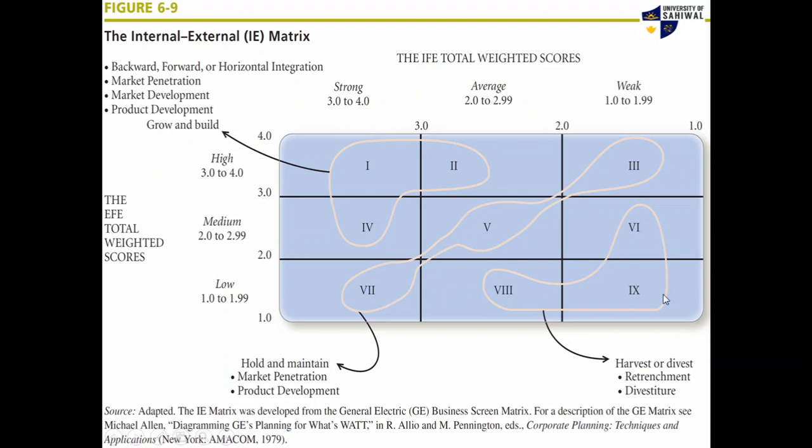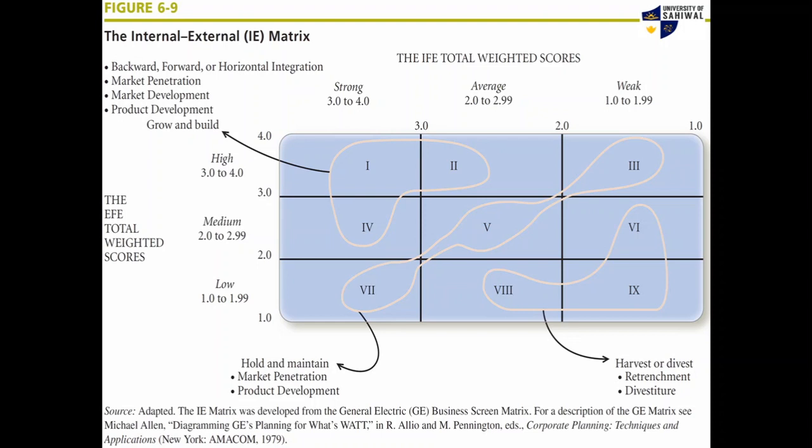If our SBUs fall in these cells, 6, 8 and 9, you can see these things. If they fall in these, the strategies available for these SBUs will be harvest or divest. Harvest means you need to get rid of that business.